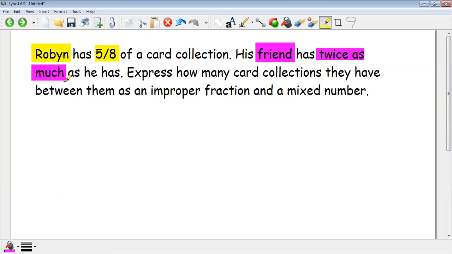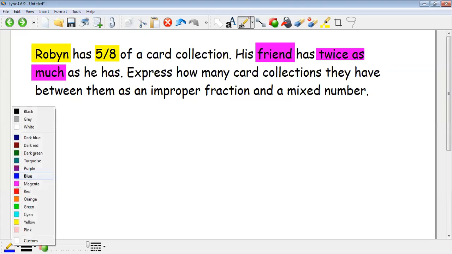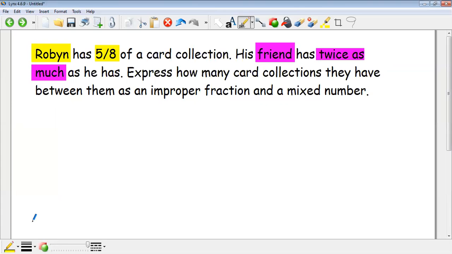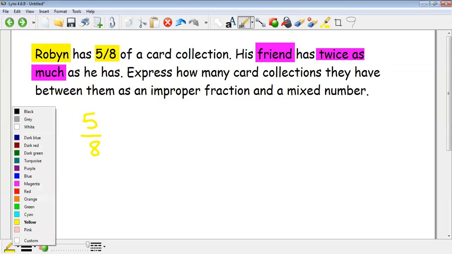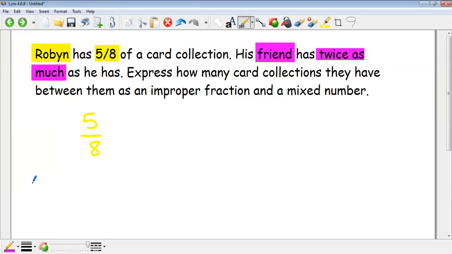Okay, so let's think. If Robin has got 5/8, you've got 5 of something, and your friend's got twice as much, they're going to have 10 for it to be twice as much. Okay, because 10 is twice as much as 5. And then it wants to express this as an improper fraction.